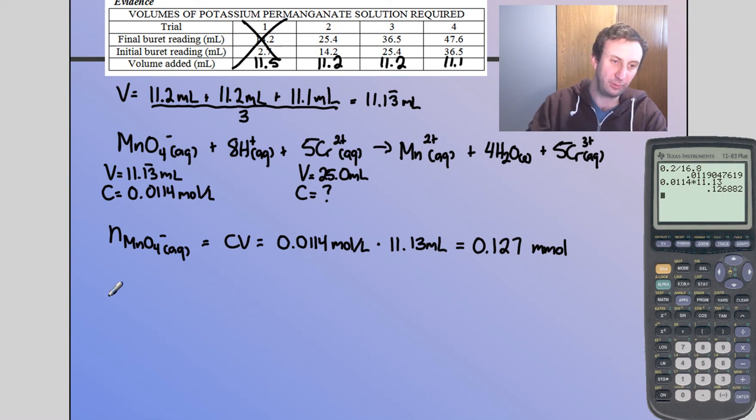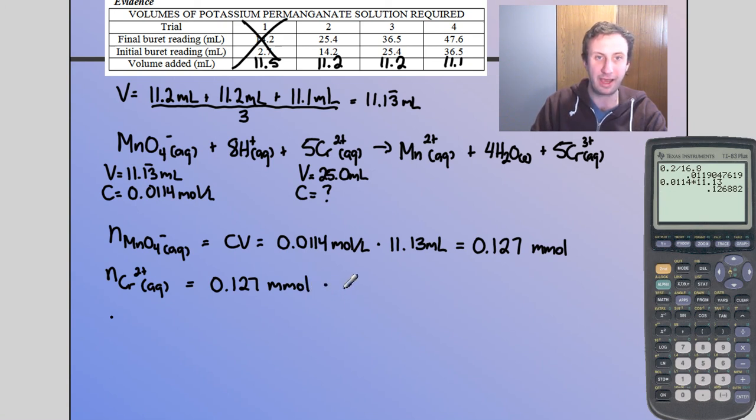So now we're going to go to moles of chromium 2. So n of Cr2 positive aqueous. I have my moles of permanganate, so I have 0.127 millimoles multiplied by, I have from my net reaction, 5 chromiums. Oh, actually, don't like how I showed that. I want to write down what that's for so I can show it canceling out. That's for permanganate ion specifically.